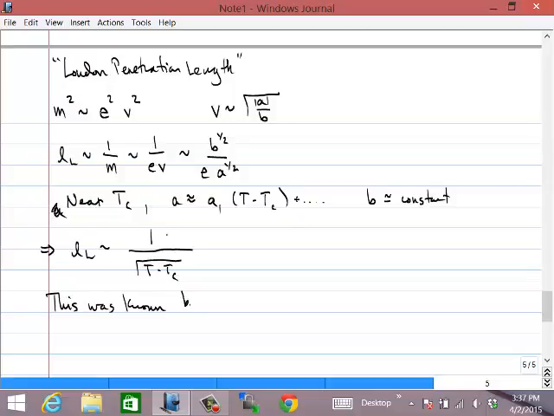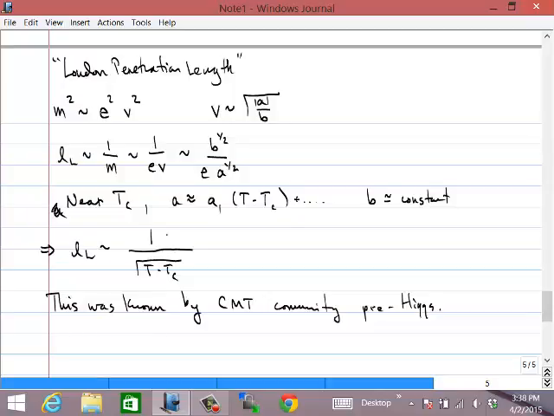So this theory was known in the condensed matter community before it was known in the particle physics community. In the particle physics community, the Higgs mechanism was used to describe how the electroweak gauge bosons get a mass.